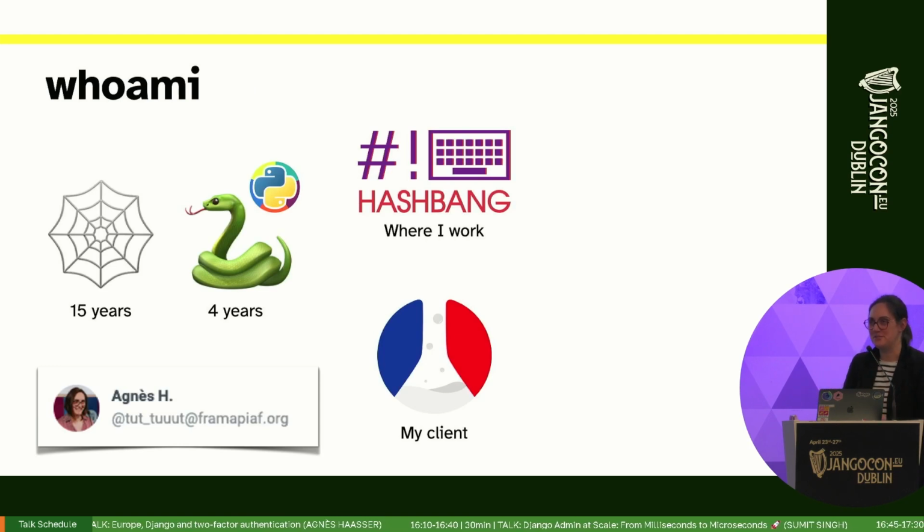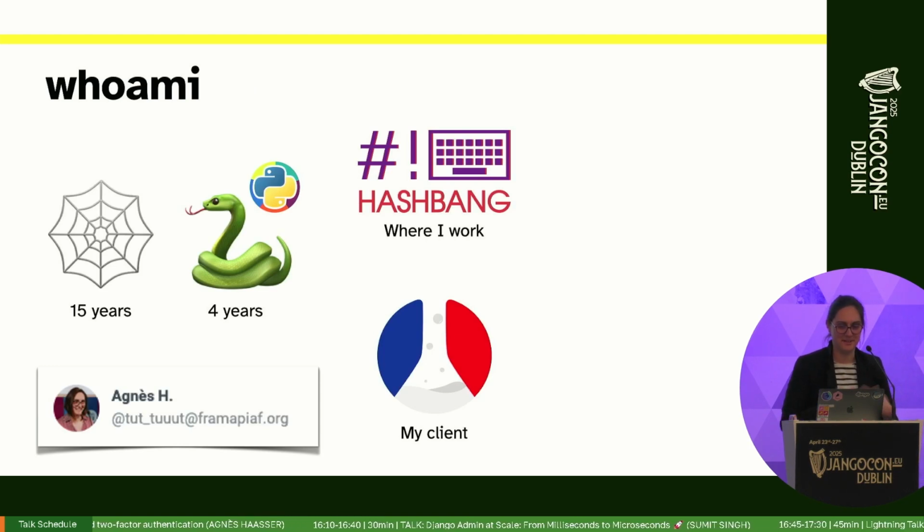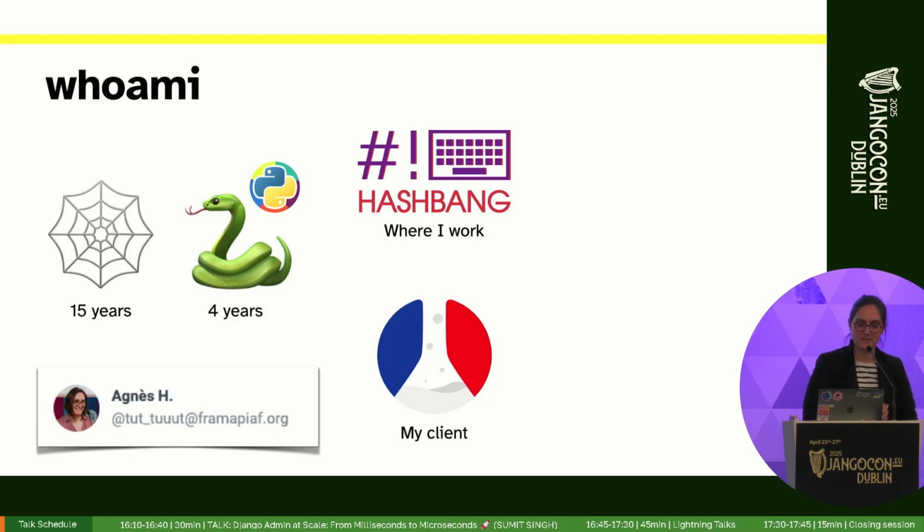Now I will move to the introduction. So let me introduce myself. My name is Agnès. I've been a web developer for 15 years, full stack. But I'm relatively new to Python and Django because it's only been 4 years, or already 4 years. I'm currently working for a cooperative company named Hashbang, which is in Lyon, France.